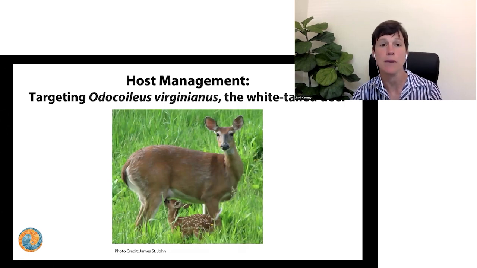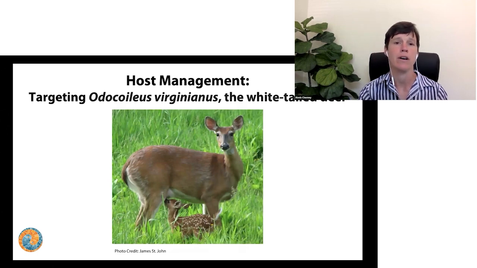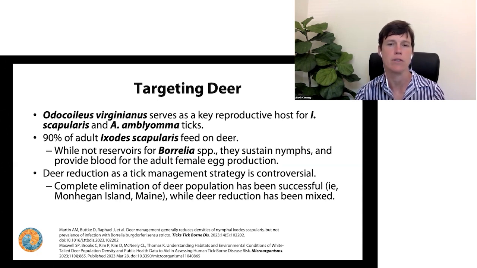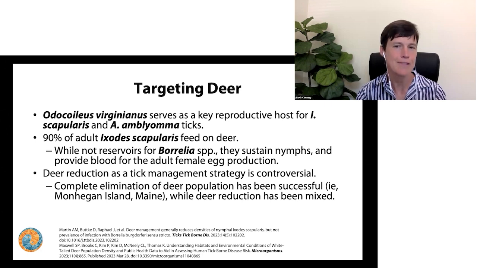And then we have host management. So thinking about our white-tailed deer. Deer are talked about a lot regarding Lyme disease. And it's interesting because they actually don't carry Borrelia burgdorferi.